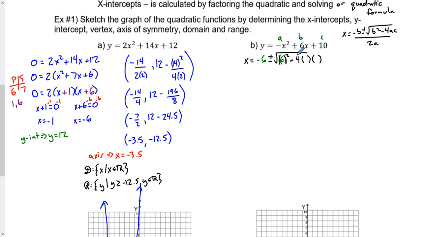Our a value is -1. Our c value is 10. You may need to do a nice review of when we talked about the quadratic formula. If you don't know how to work with this, go and do that.